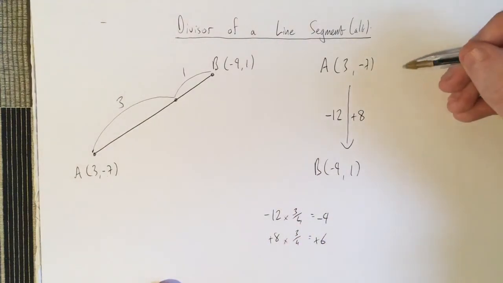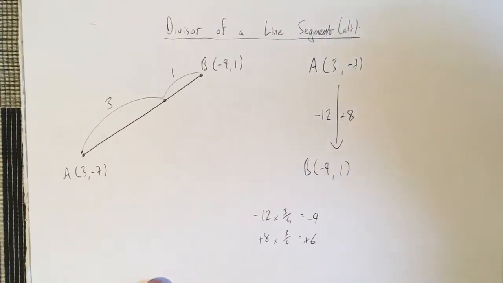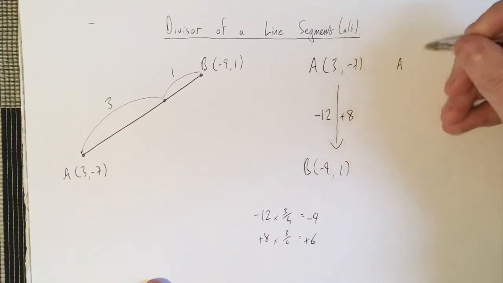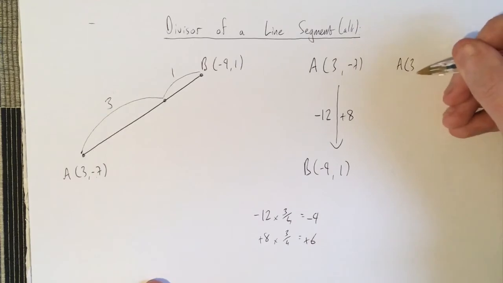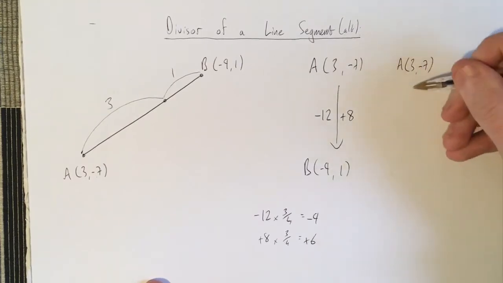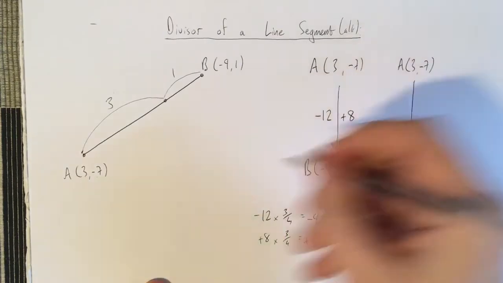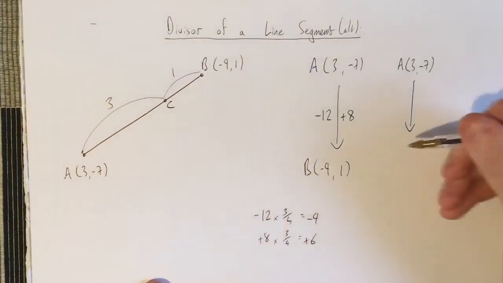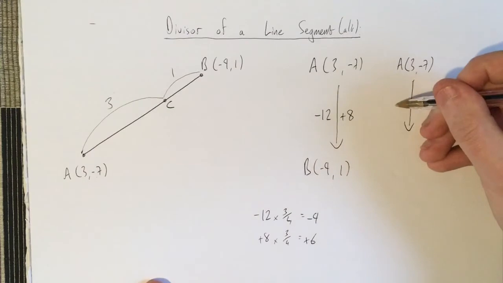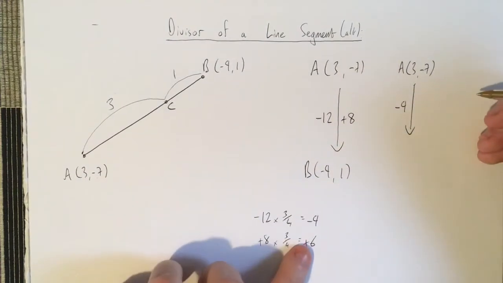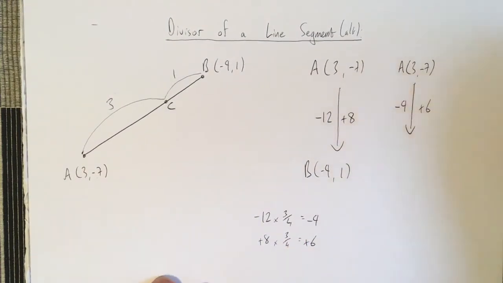So let's do that over here. So A is (3, -7), and I'm going to go 3/4 as far, I'll just call it the point C. So I'm going to go minus 9 from the x and plus 6 to the y.